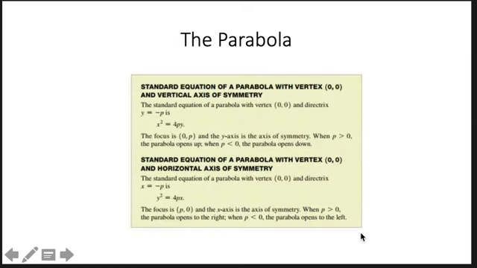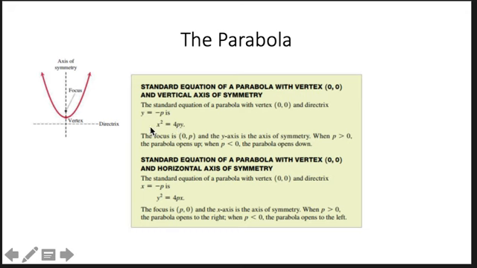So let's look at what our new equations are going to look like. The new equations depend on how the parabola is positioned on the x and y coordinate system. If a parabola is facing up or down, we're going to use this equation: x squared is equal to 4 times p times y.